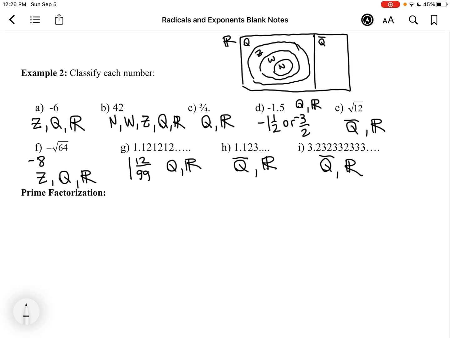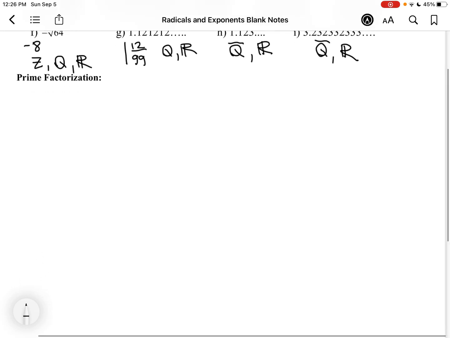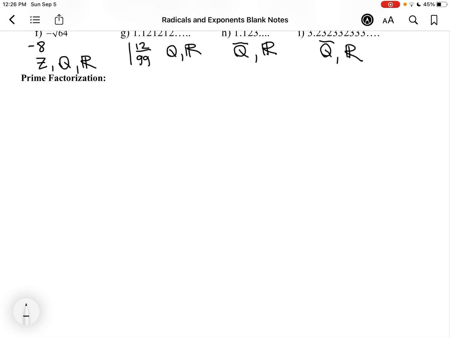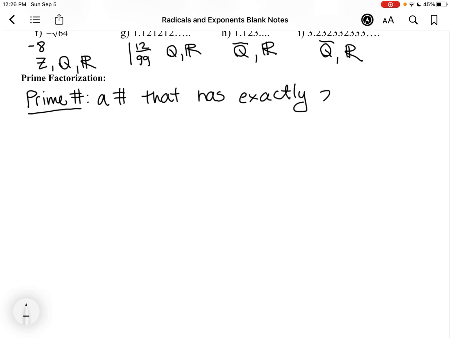Okay, so first let's start out with some definitions. Prime factorization. So a prime number is a number that has exactly two factors: one and the number itself.